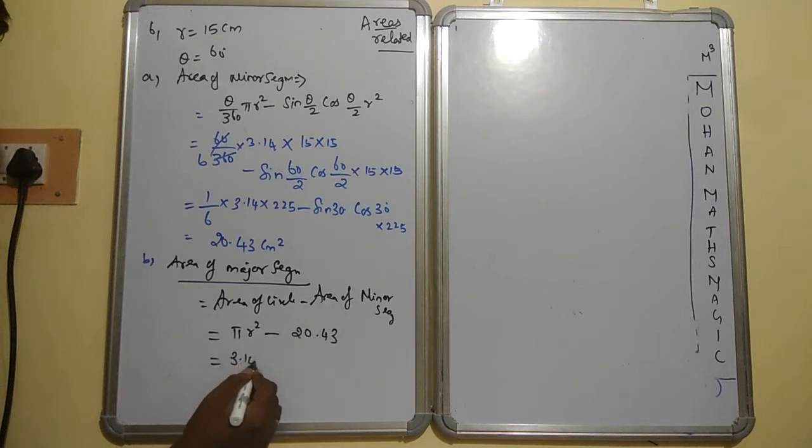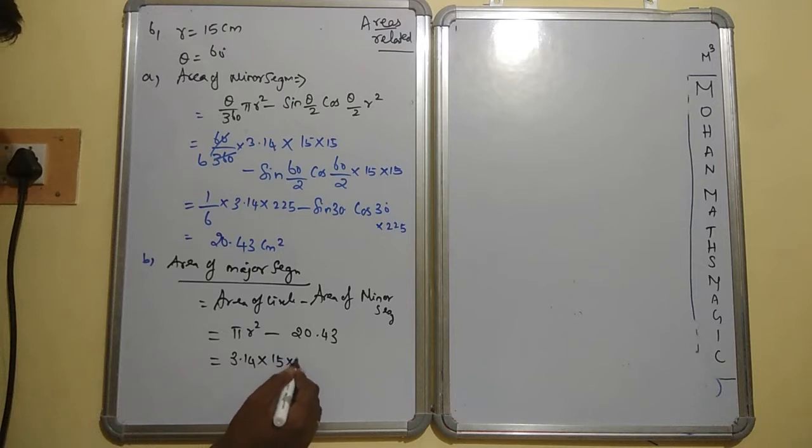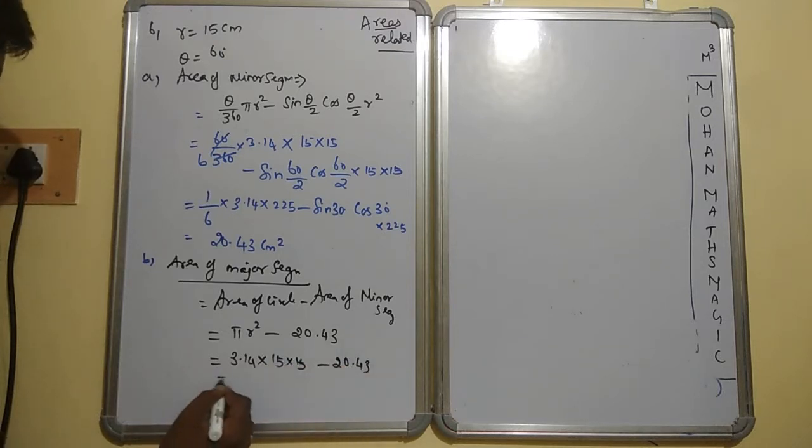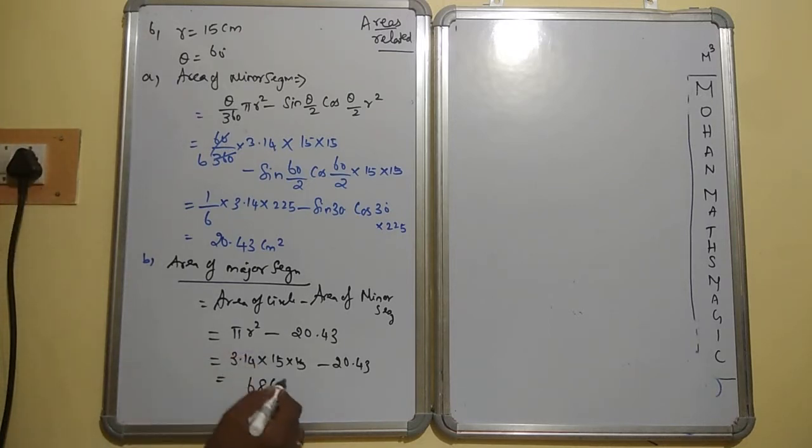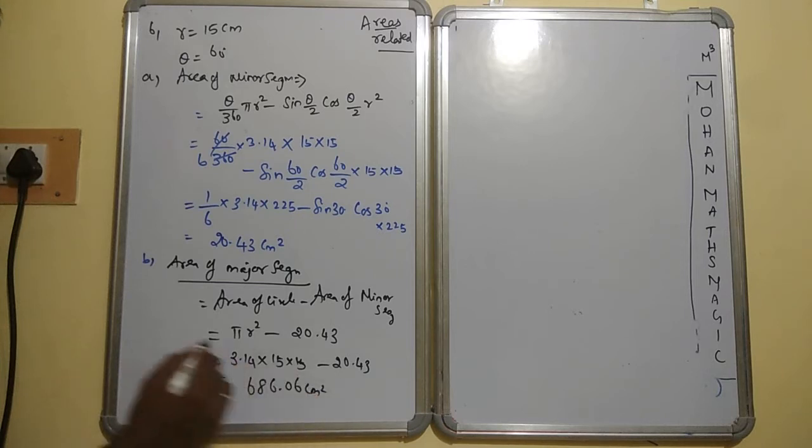Pi value 3.14, radius 15 times 15, minus 20.43. So you get the answer, 686.06 centimeter square.